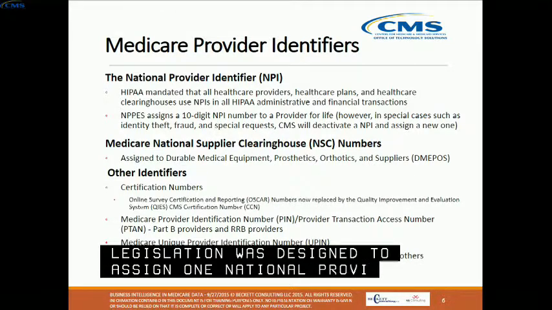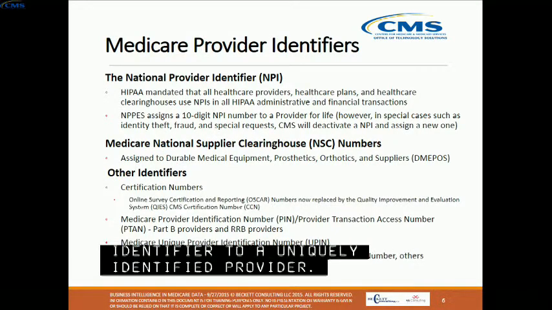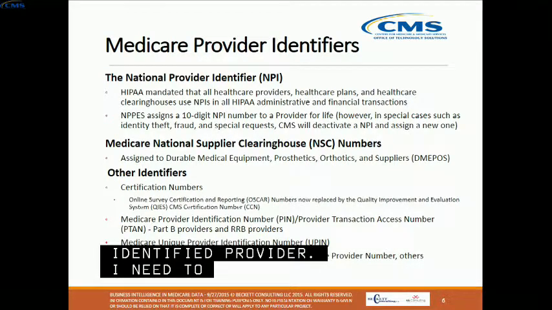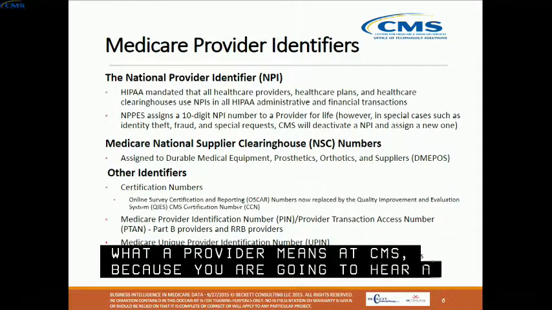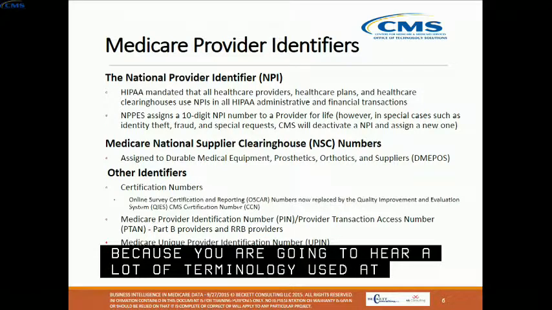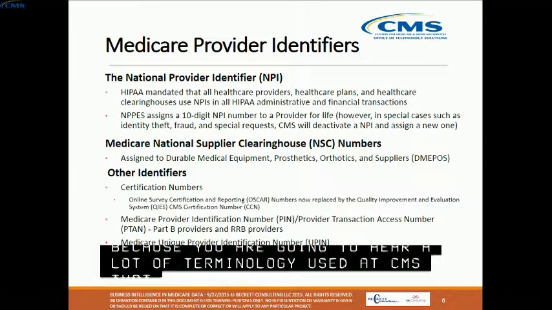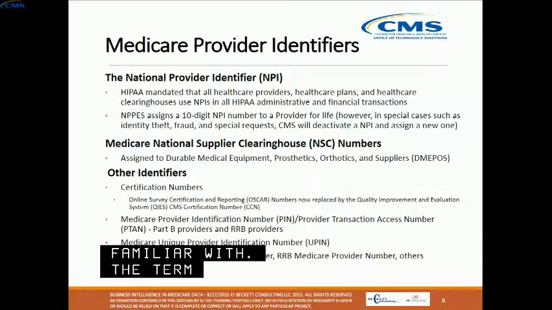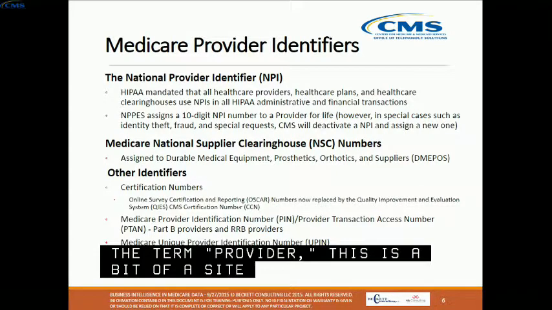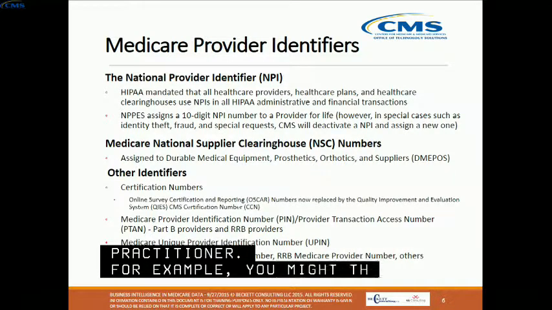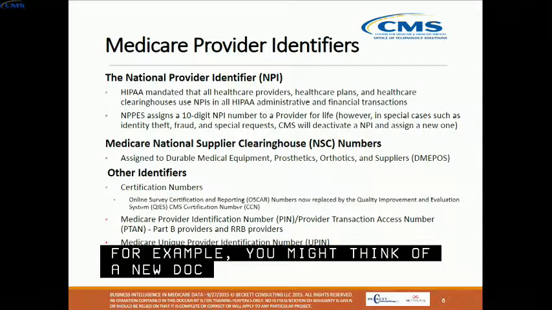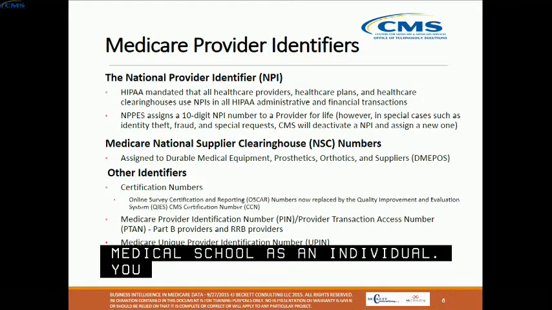And I need to unpack for you just briefly what a provider means at CMS, because you're going to hear a lot of terminology used at CMS that you may or may not be familiar with. The term provider, this is a bit of a sidebar here, is a term that covers a number of different components. One is an individual practitioner, for example. You might think of a new doc that just graduates from medical school as an individual. You have institutional providers, such as hospitals.